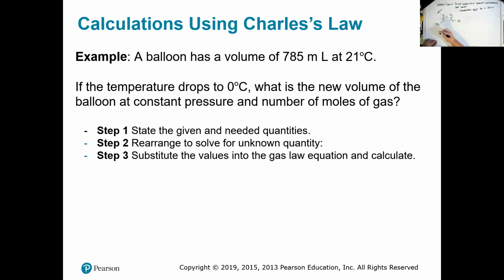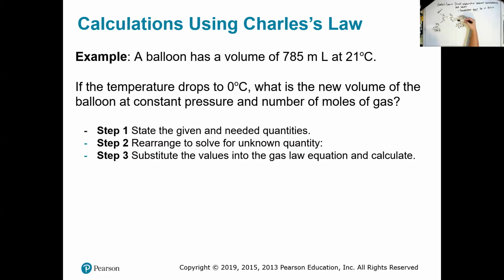So to go from Celsius to Kelvin, we're going to be adding 273 degrees. But we have to do this step before we can do any calculations.